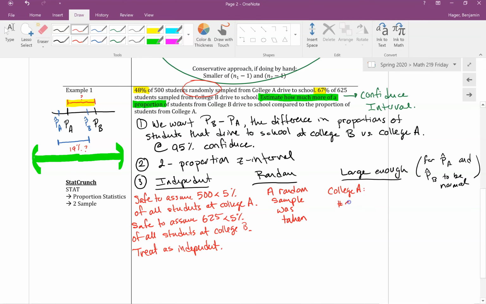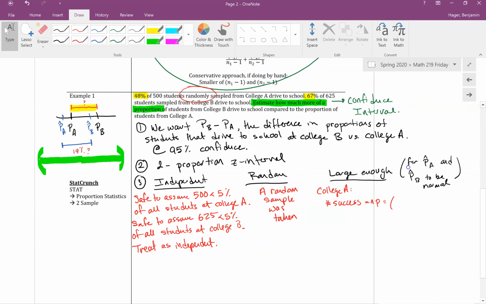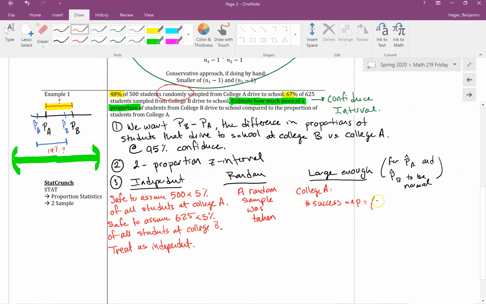So the number of successes, which is n times p: we sampled 500, that's my n. The percentage that drove was 48%. Let's see what that is. It's 240, so we're good there. We're greater than or equal to 10.